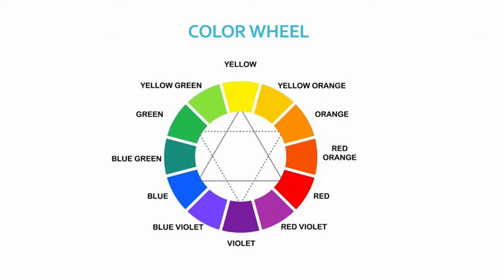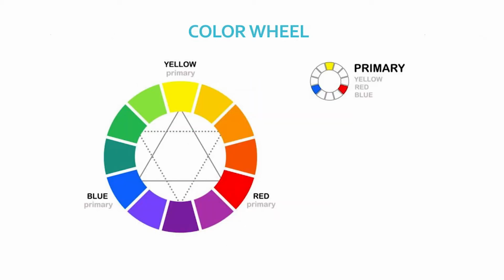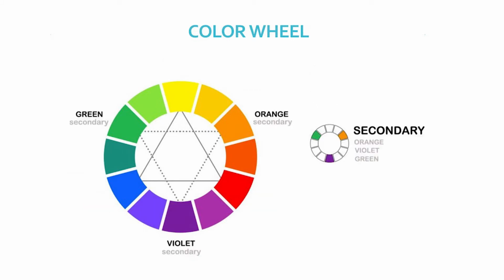So let's look at the color wheel. We can use the color wheel as a guide to mix color, and there are certain color groups, which you probably know already, the first of which is primary: red, yellow, and blue. Then we have the secondary group, which is orange, violet, and green. So these are the colors you get when you mix two primaries together.